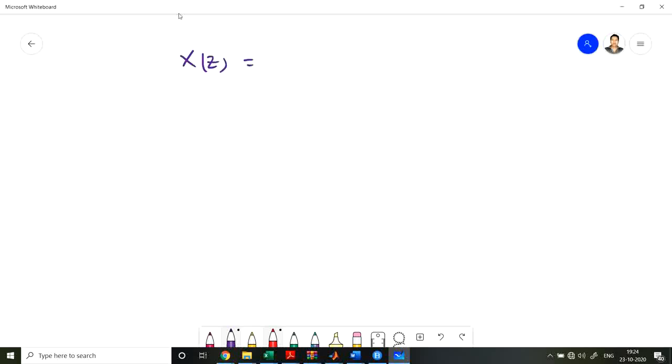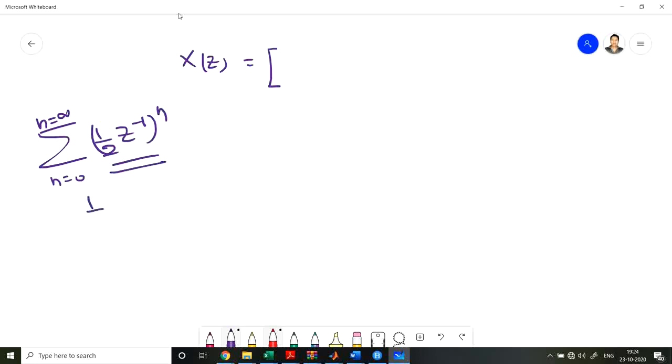If X(z) is to converge, we have to satisfy the following conditions. In the first case, summation n equals 0 to infinity (1/2 z^(-1))^n should be less than 1.